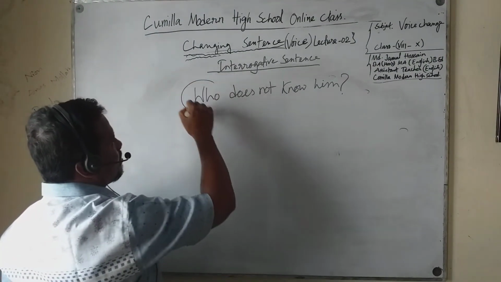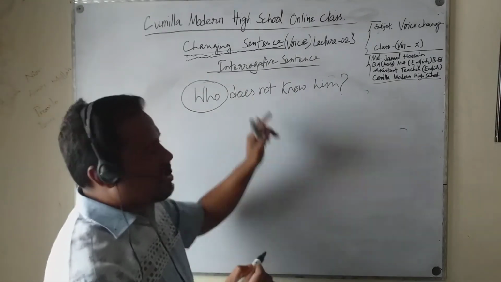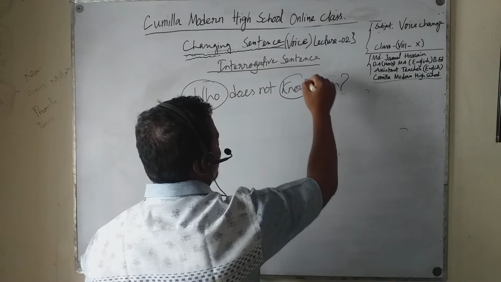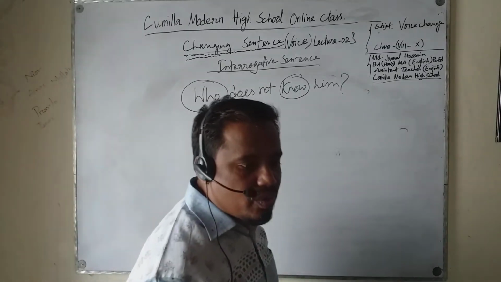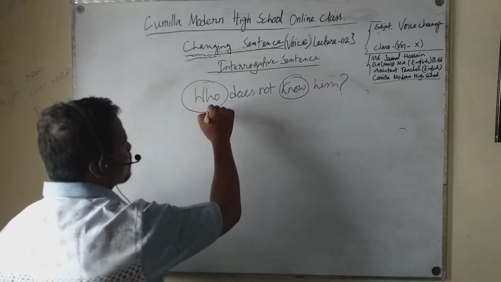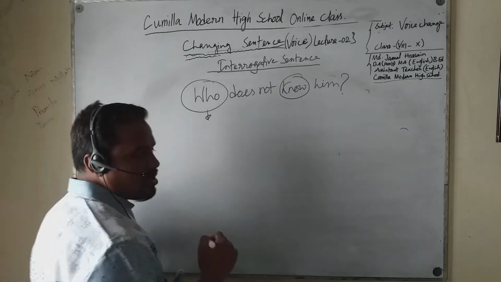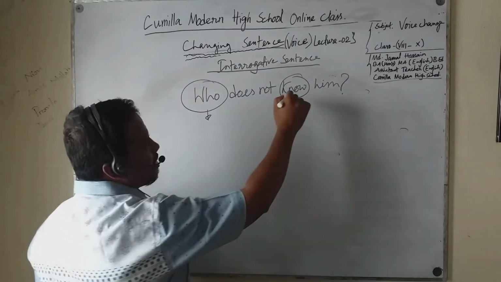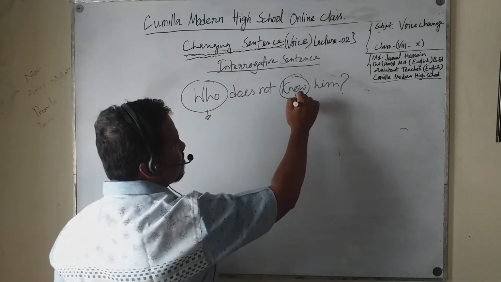Who, as we all know, is replaced by whom. But in that case, you cannot write by whom here because the main verb here is know. And in case of passive voice, we use known to. So that's why we have to use to whom. In place of by whom, we have to use to whom. Know is the main verb.